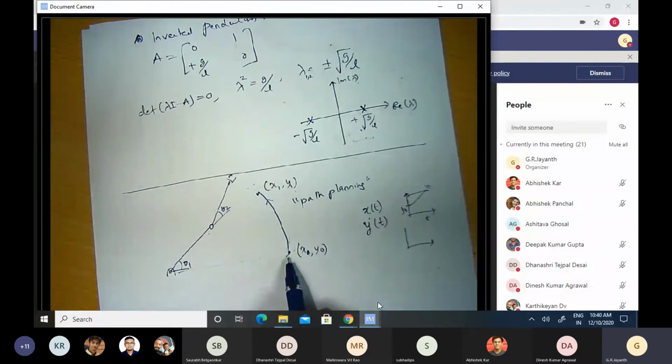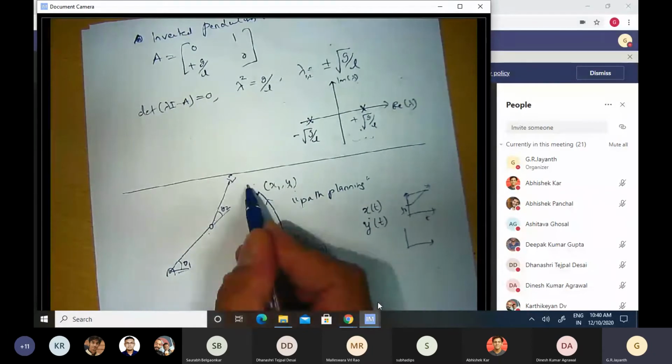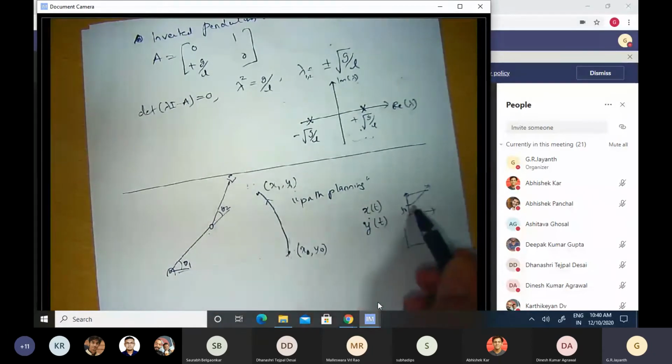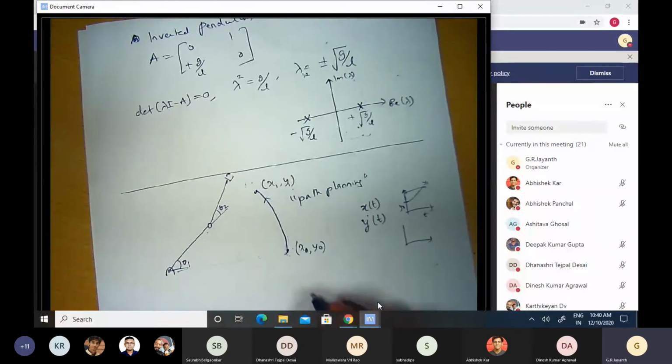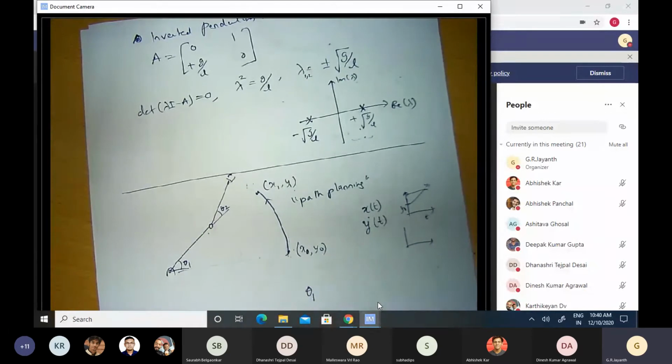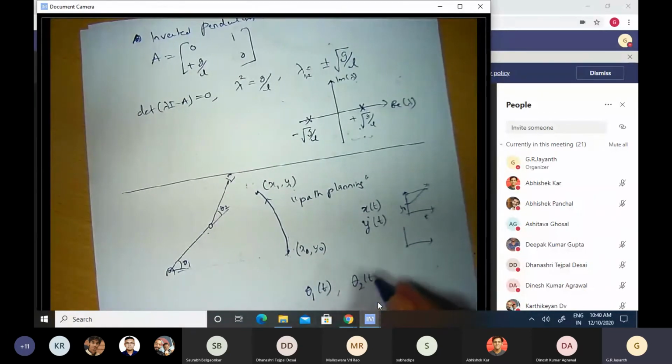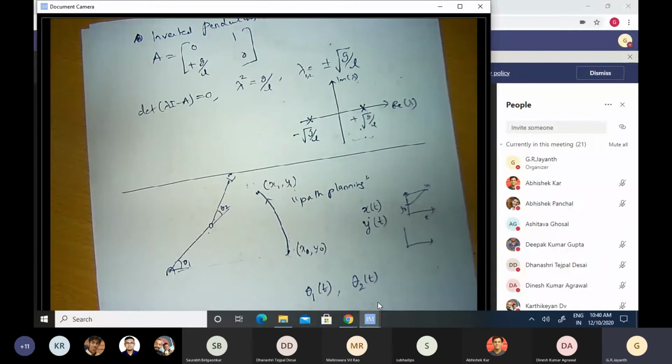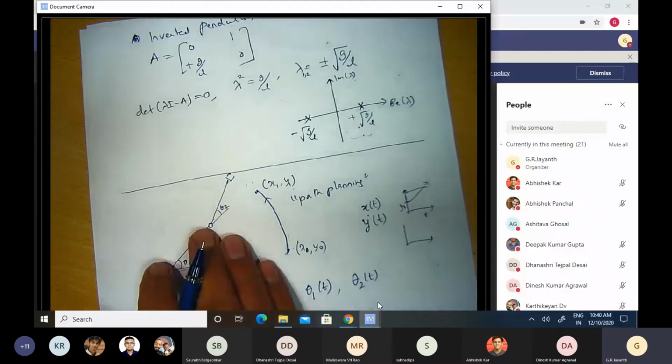If I have to move in this particular manner, with these particular ways in which the x and y coordinates change as a function of time, I need to change my theta1 as a function of time in a particular manner and theta2 as a function of time in a particular manner. And the manner in which theta1 and theta2 have to be changed as a function of time will emerge from our inverse kinematic analysis of this particular mechanism.